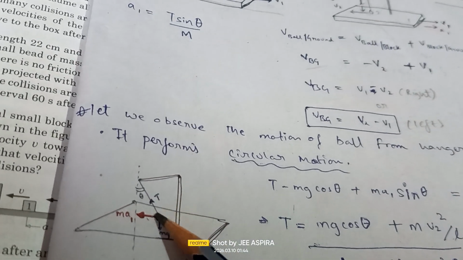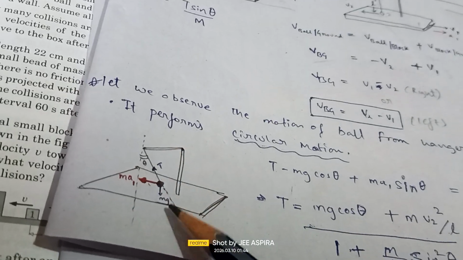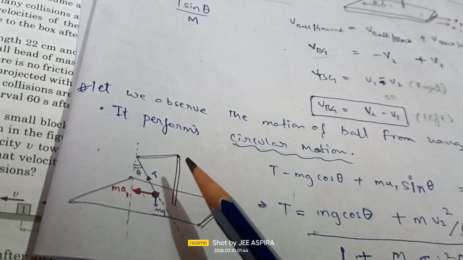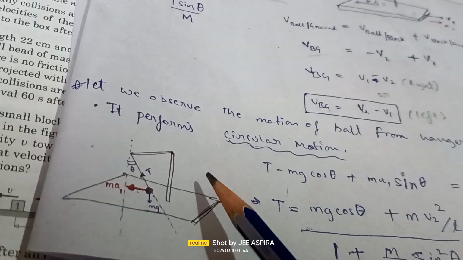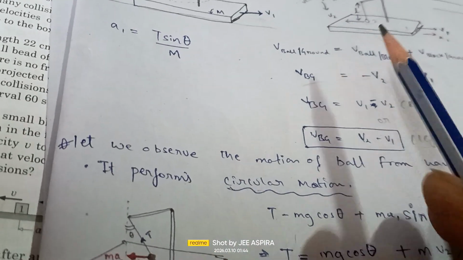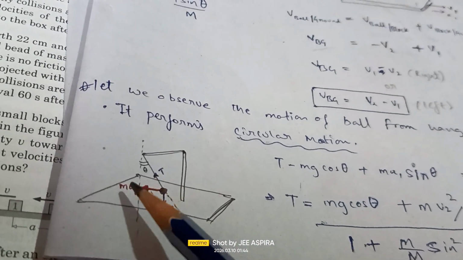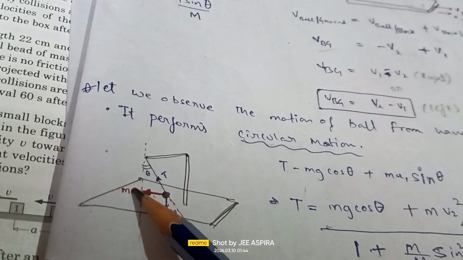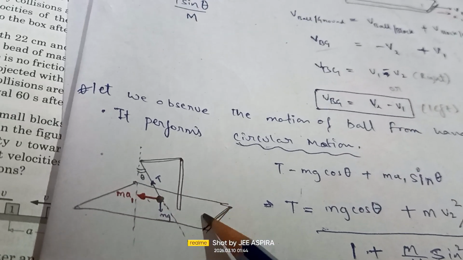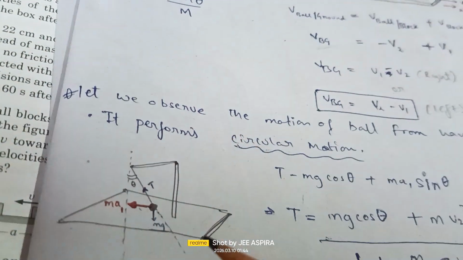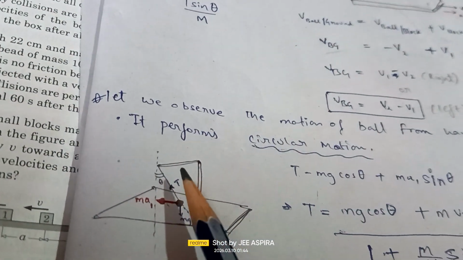There will be a tension on this ball, and there will be a pseudo force as we come in the non-inertial frame. It is small m into the acceleration of this block. How do we find this acceleration?